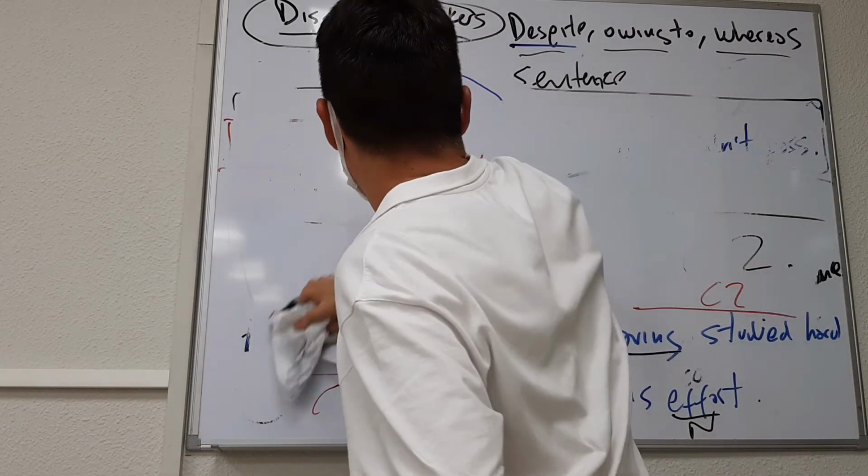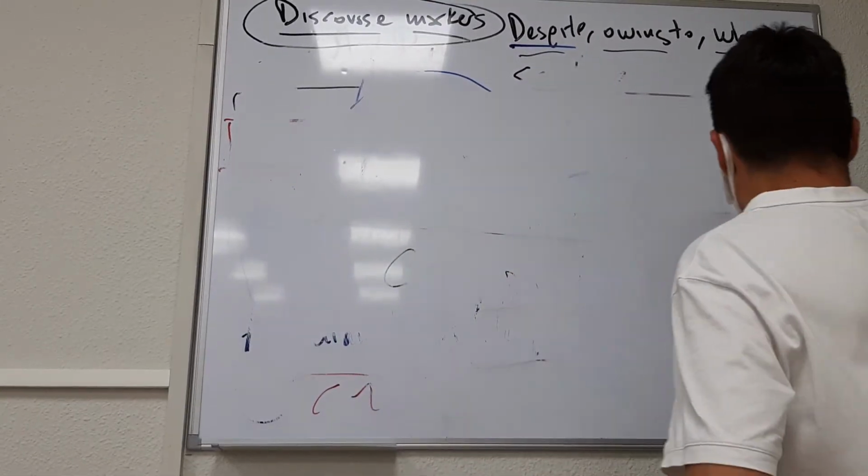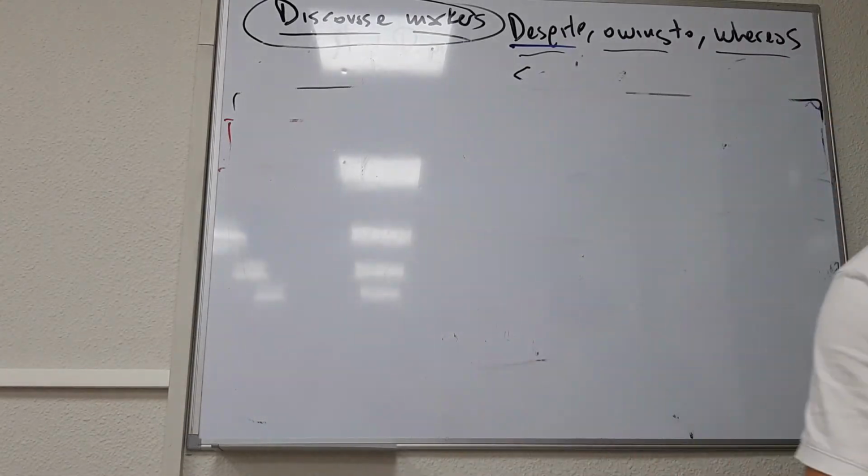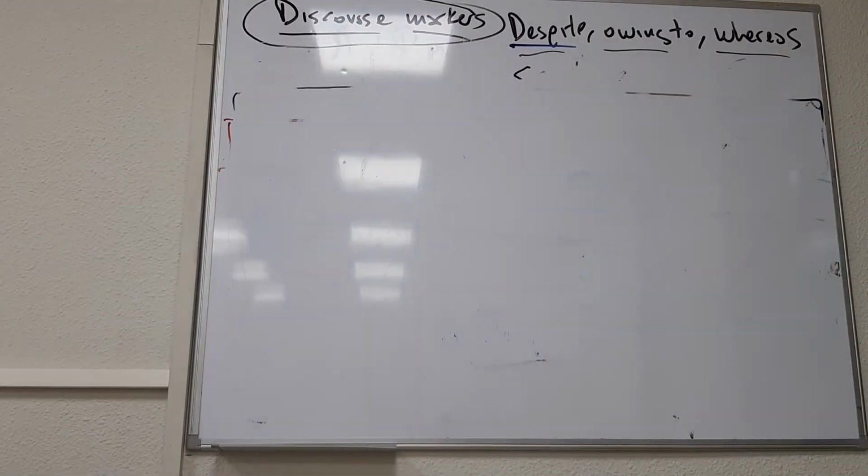Let's continue because otherwise, it's going to get long. Next one, owing to. By the way, shall we translate very quickly all the markers that we have? Let's get a translation in Spanish from this exercise. So, owing to, debido a. Despite its spectacular architecture, a pesar de.